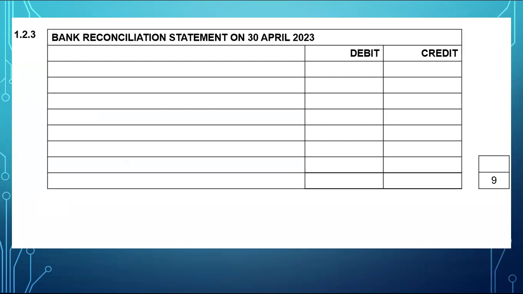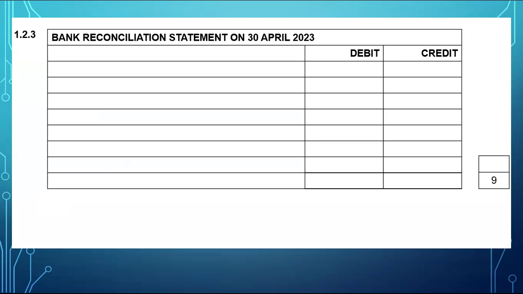And all the mistakes that are made by the bank, we are going to record them in the bank reconciliation statements, RBS. We treat the bank reconciliation statement as though we are the bank, meaning that any deposits that were made into our bank account that the bank didn't credit, we are going to credit them in the bank reconciliation statement.